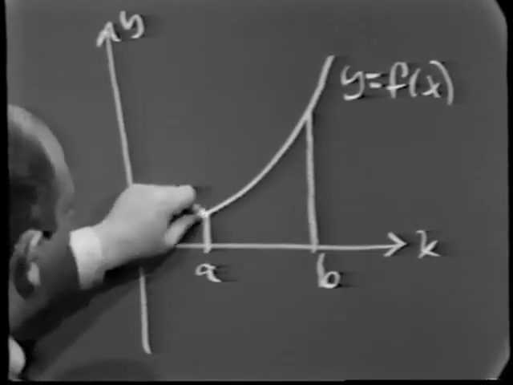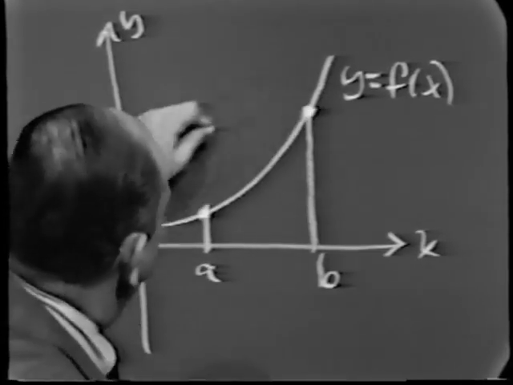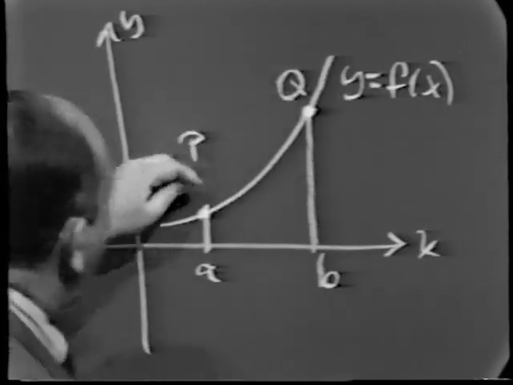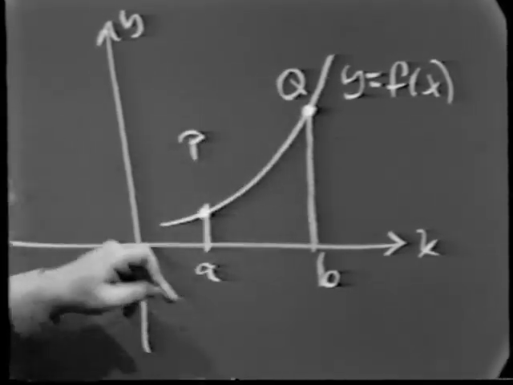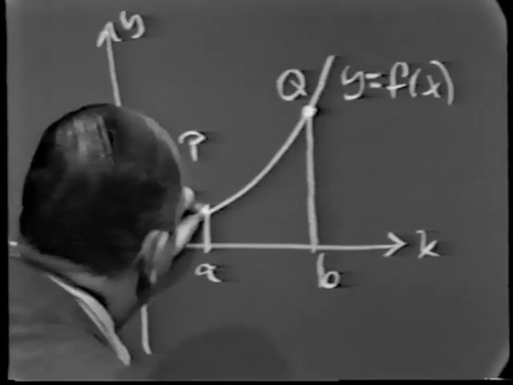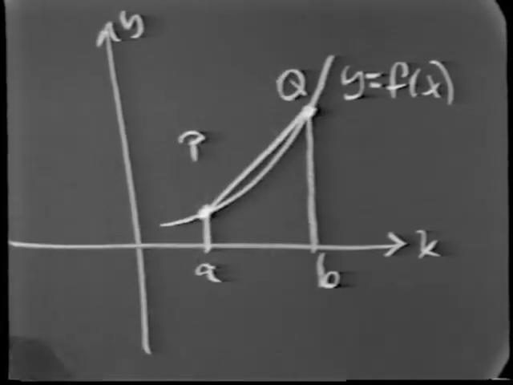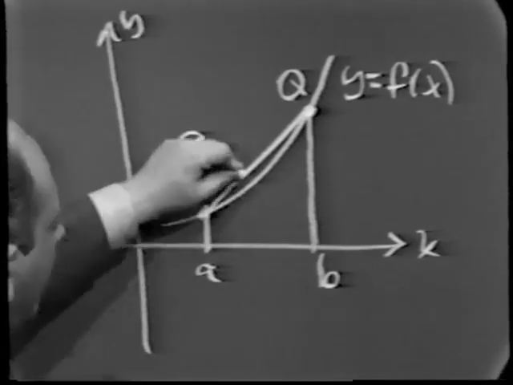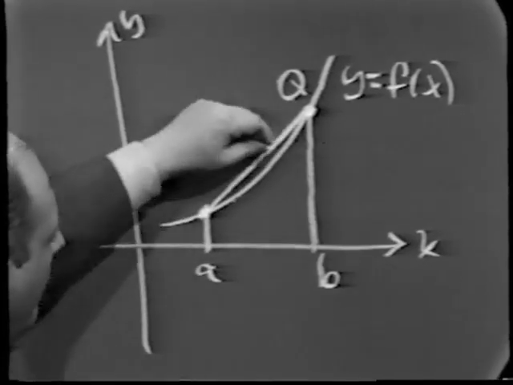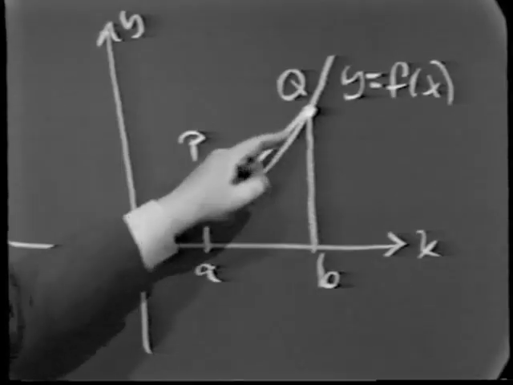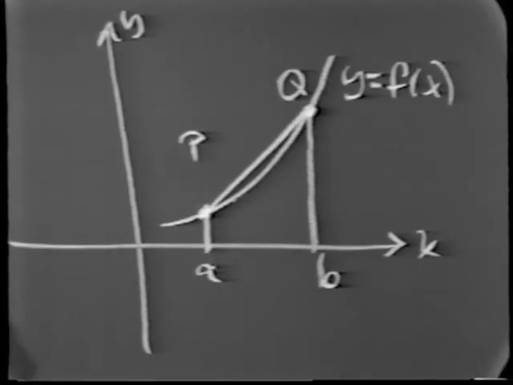Now, if I think of a particle moving from point P to point Q, how do I identify the average speed? The average speed is the slope of the straight line that joins P to Q. On the other hand, what is the instantaneous speed? If we think of it in terms of a picture, it's the slope of the line tangent to the curve at a particular point. So in other words, what we're saying is this.